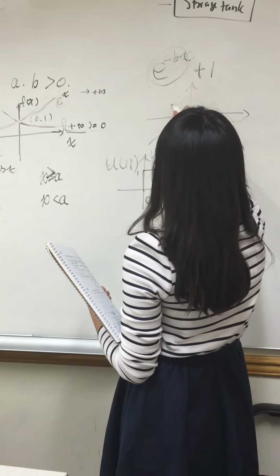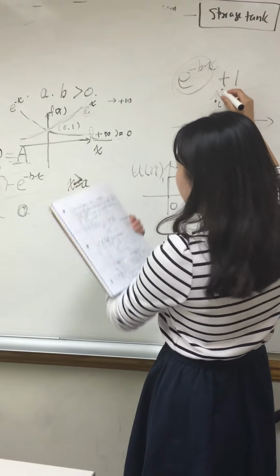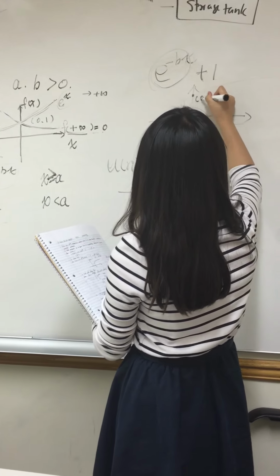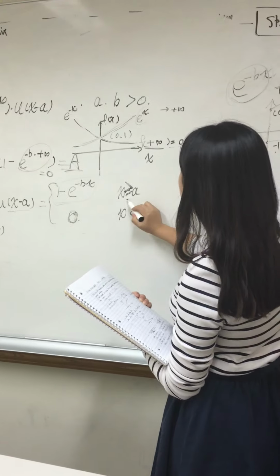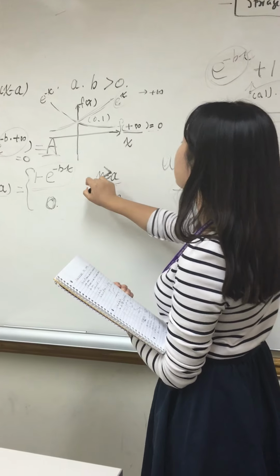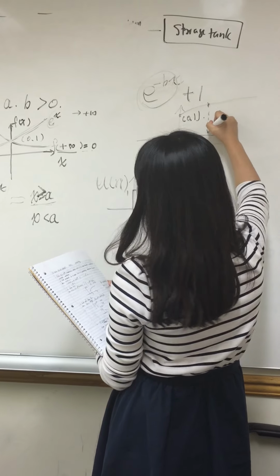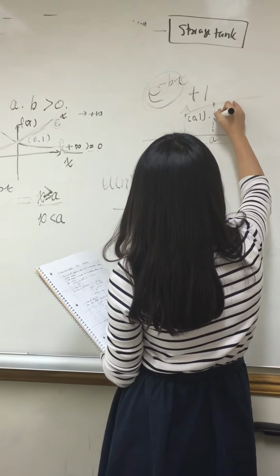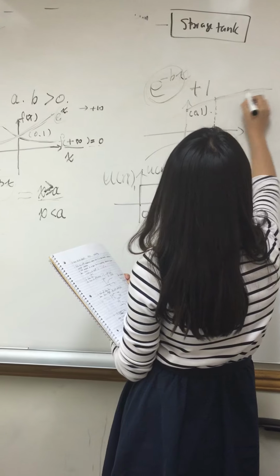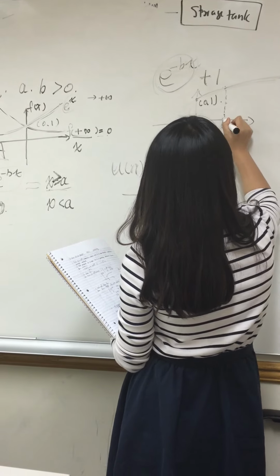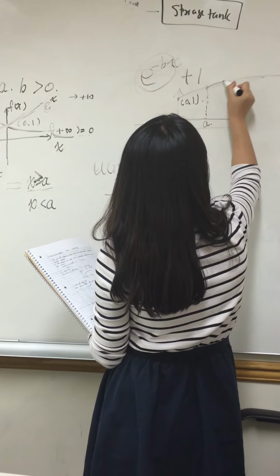So it should be like this, and it's the point 0. But in this function, x greater than a is like this function, so we suppose this point is a. If it's bigger than a, it should be like this, and if it's smaller than a, it should be 0. So the function looks like this.